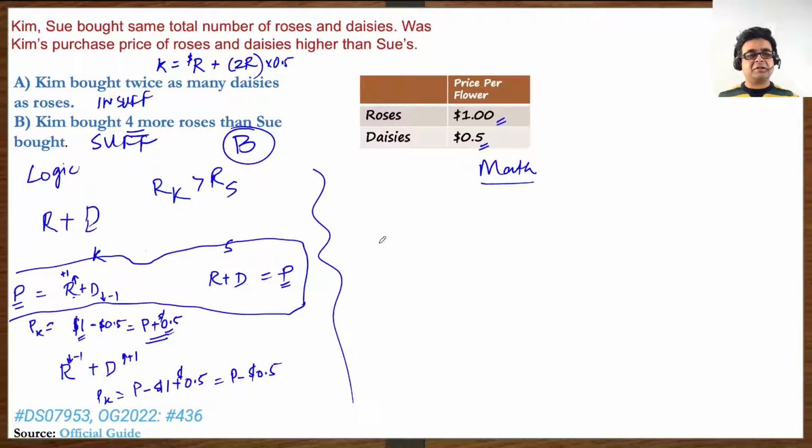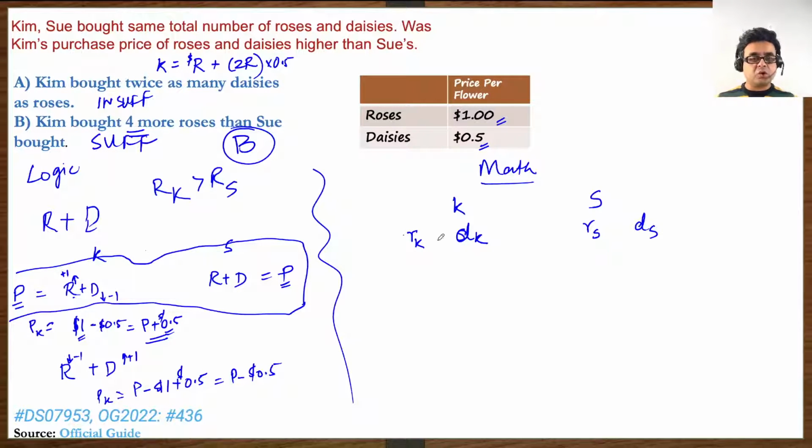In terms of math, now math is again about setup, right? So we are going to do the same thing. We are going to say this is Kim and this is Sue, and let's say the number of roses that Kim bought is RK and the daisies is DK, and RS and DS.